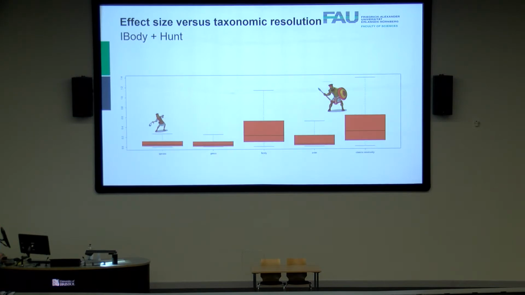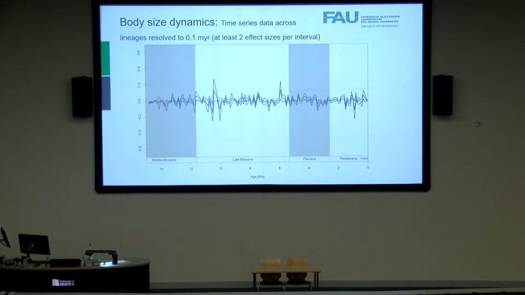And the similar thing is actually happening on taxonomic resolution. So there is not much difference between the things we looked at, species and genera, fossil record, the data that we have. But if you go to families, orders, or classes, there is more variation in these patterns, and also the tendency to have large changes increases a little bit.